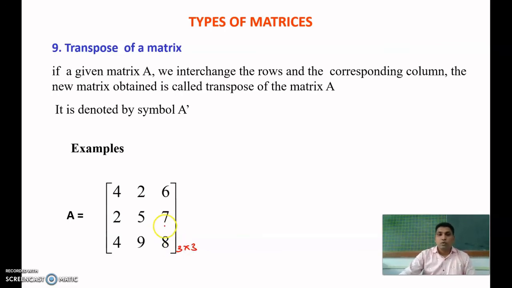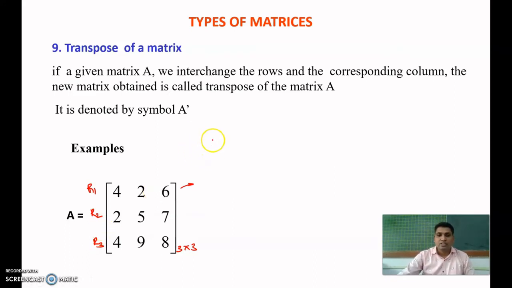Now we want to find the transpose of this matrix. For that, we have to interchange its rows with the columns. See, these are rows R1, R2 and R3. There are 3 rows in this matrix.